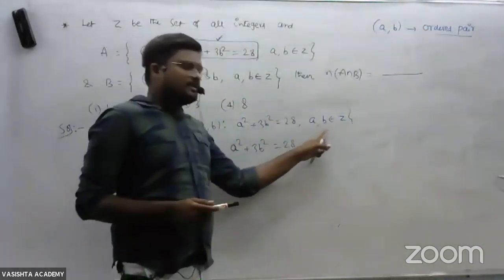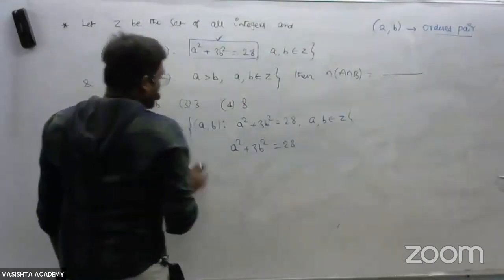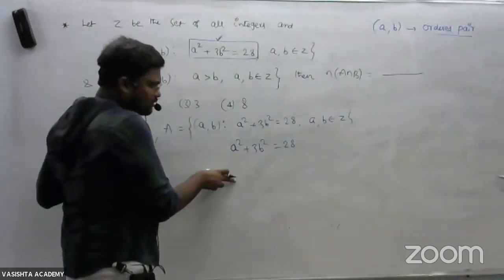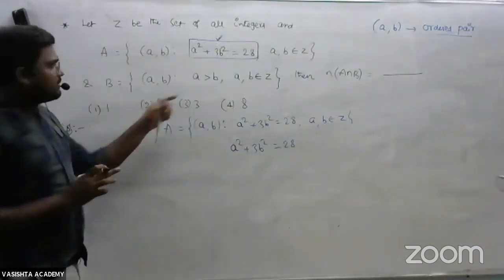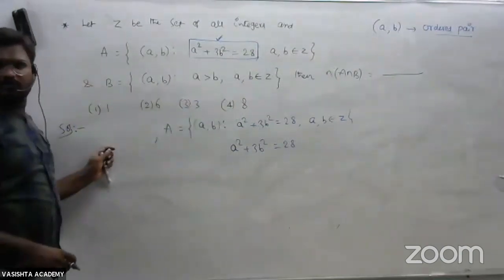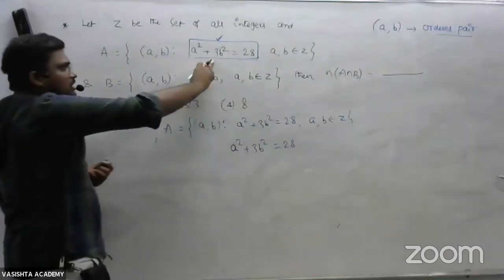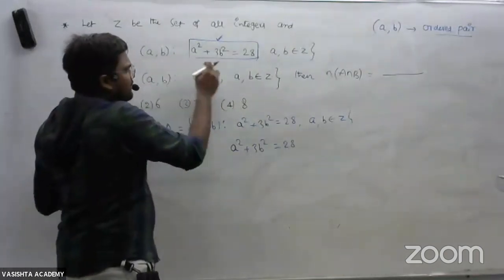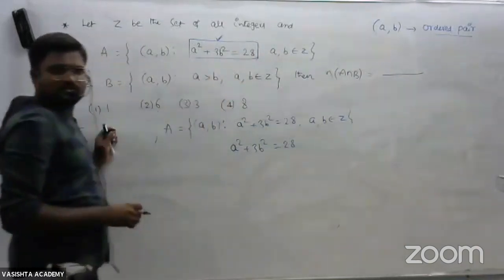He said both a and b are integers. We will take some values randomly, and we will eliminate those values where a is less than b or a is equal to b, because we have to collect only a greater than b. In fact, B is a subset of A. This equality contains all the values of a and b where a is equal to b, a is greater than b, as well as a is less than b also.